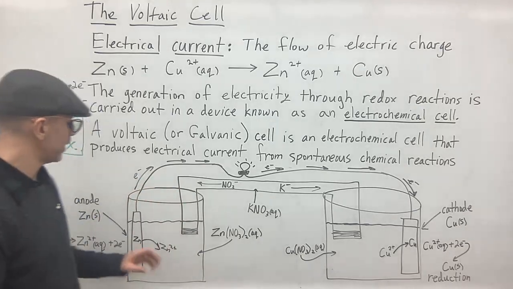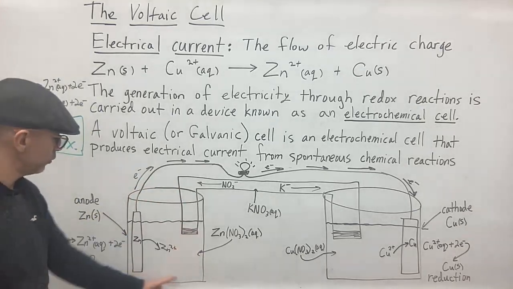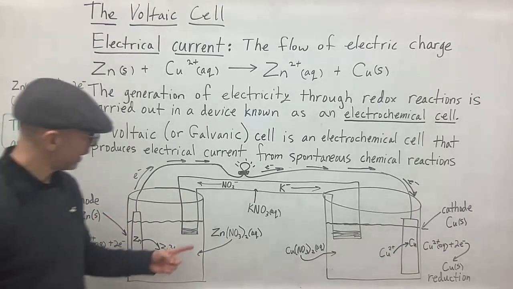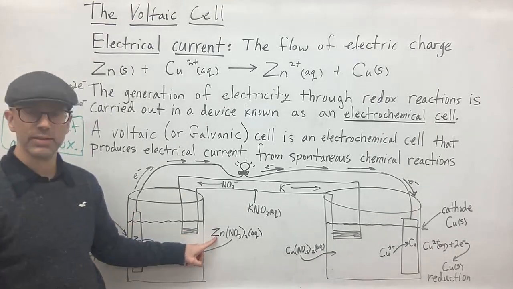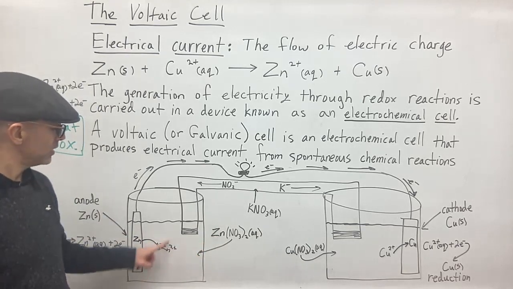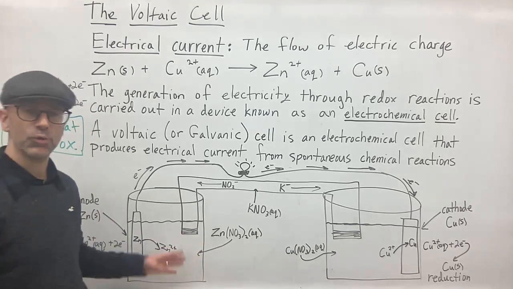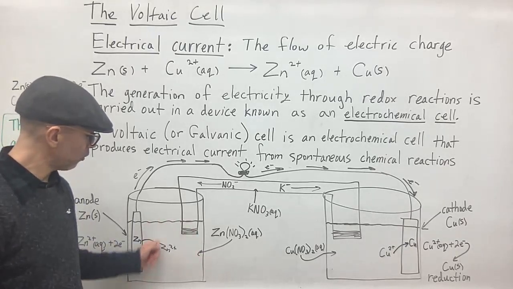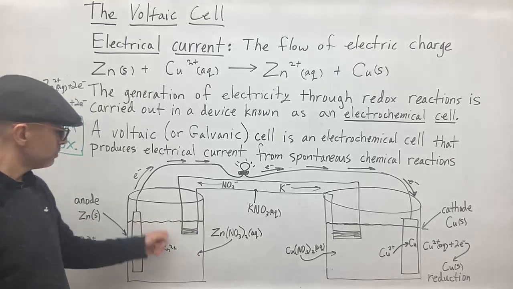So what's going on here? In this solution, I have a zinc electrode, and in the solution, it could be zinc nitrate. So I have some zinc 2 plus ions floating around with some nitrate ions. That's important for what I'm going to talk about in a moment.